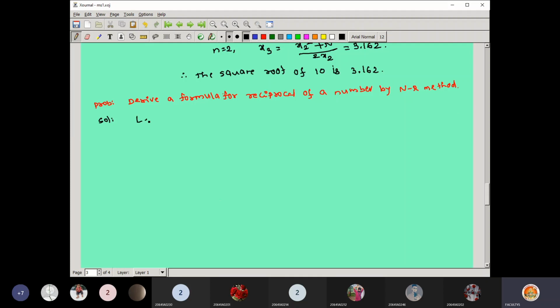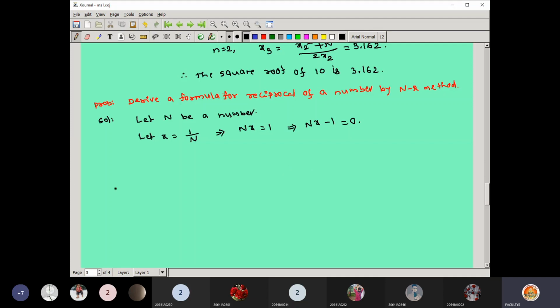So first I am supposing let capital N be a number, and let your target X be equal to the reciprocal. Reciprocal means 1 divided by that value, 1 divided by N. So this implies Nx is equal to 1, or I can write Nx minus 1 equal to 0.